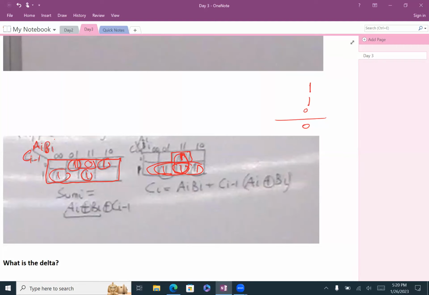So that's the technique. Before, in this way, C2 you have to wait until you have C1 and C0. So they are depending on each other.